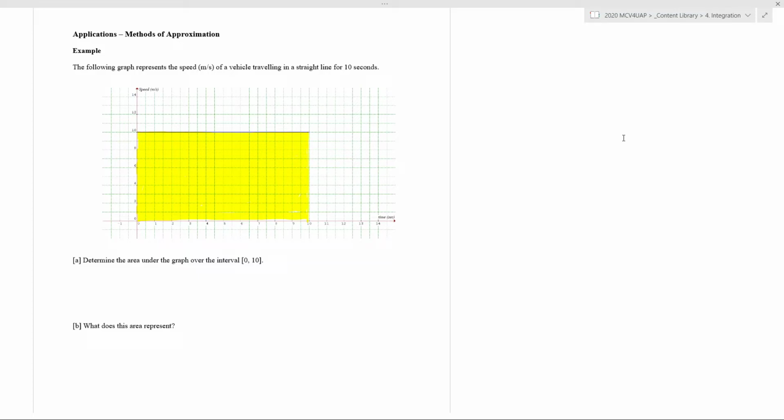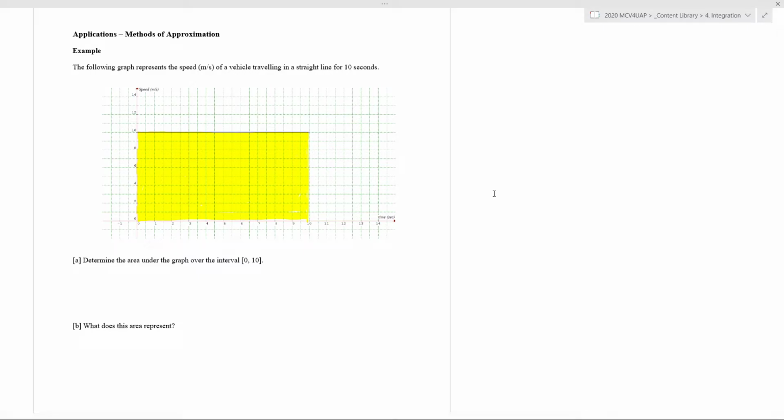So, first example, you have a graph, and it's just a speed graph, just a straight line at 10 meters per second from 0 to 10, and I've highlighted the area under that graph.